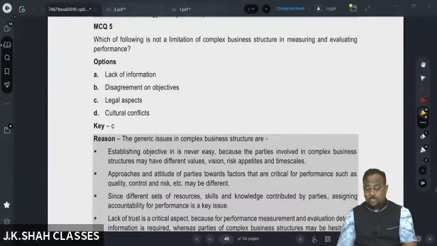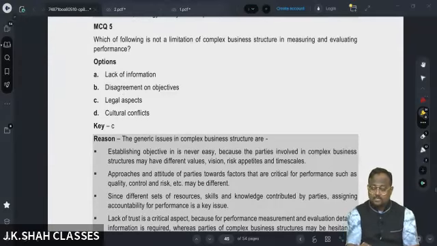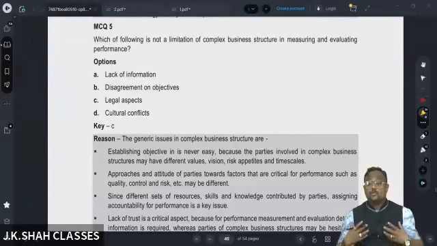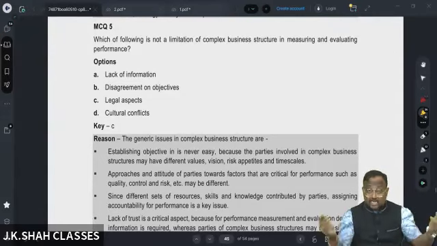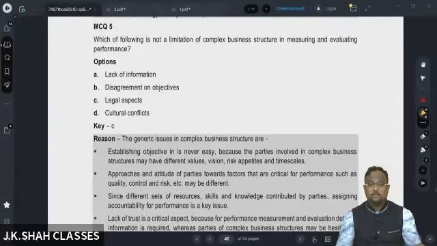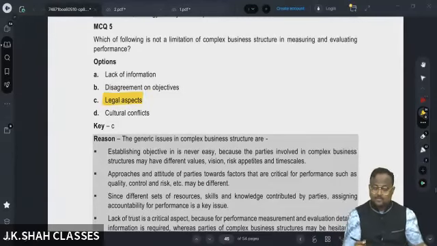Legal aspect can be considered as an exception. We did not discuss the legal aspect at all. Legal aspect is something which is outside. We are talking about within the organization. So lack of information, disagreement, and cultural conflicts basically create limitations in terms of measuring and evaluating performance. Legal aspect has no connection with performance.